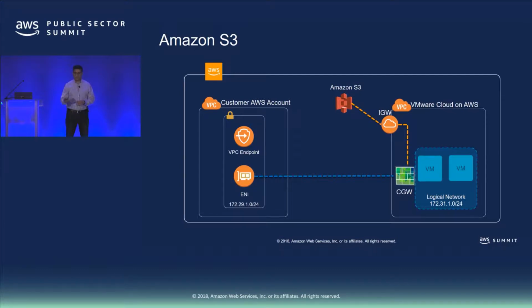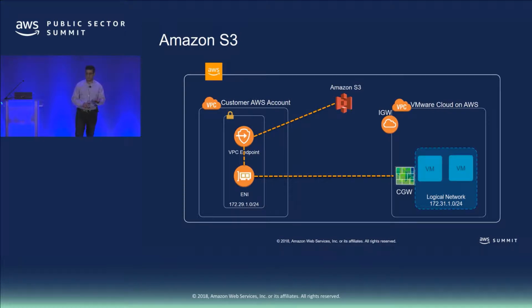The other option is really configurable, you can choose that from the console. You can say, if I want to access S3, I want to access it over a private endpoint that I have in my VPC. In this case, the network ranges for the S3 service will be advertised to the route table of your SDDC, and all traffic that's hitting S3 will be routed to that ENI in your VPC and utilize an endpoint that you own.